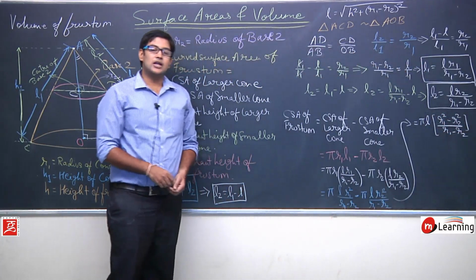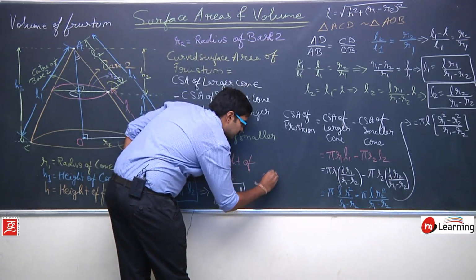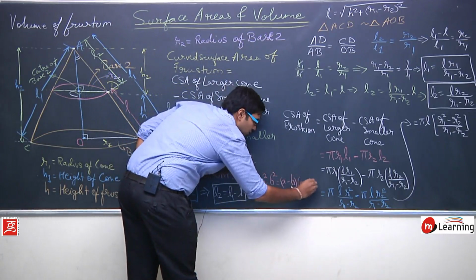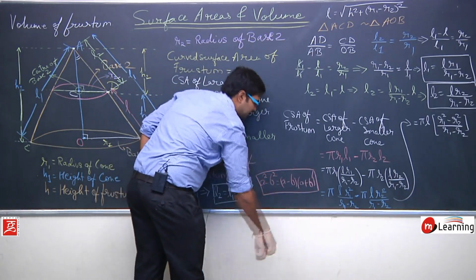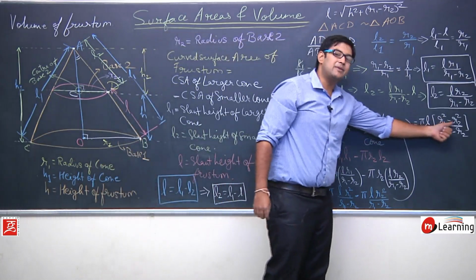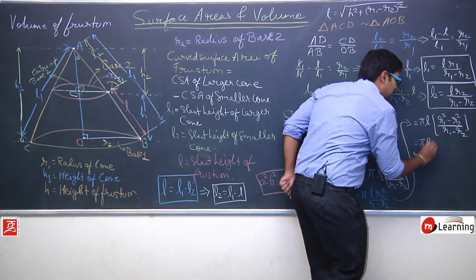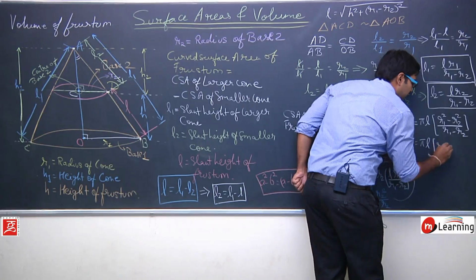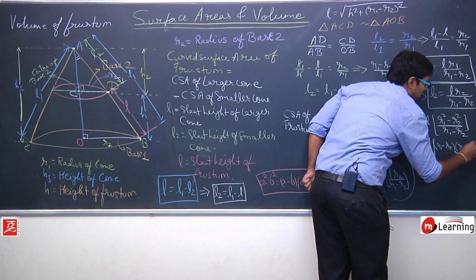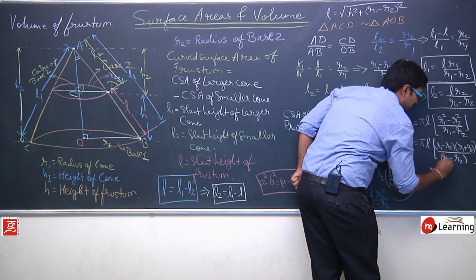Here I can use the identity a square minus b square is equal to (a plus b) into (a minus b). In place of a and b I have R1 and R2, so I write it as pi times L times (R1 minus R2) into (R1 plus R2) upon (R1 minus R2).